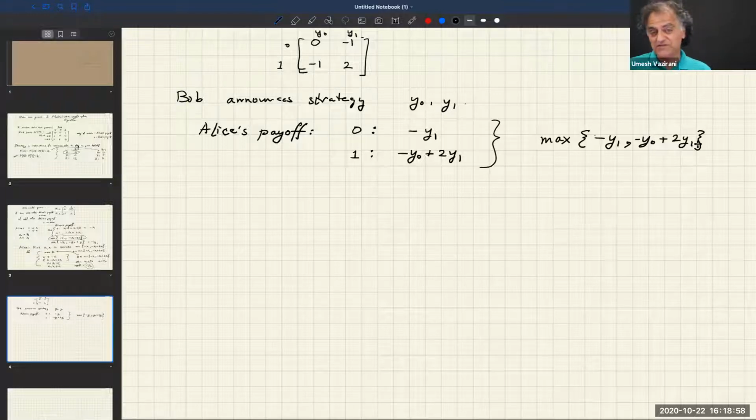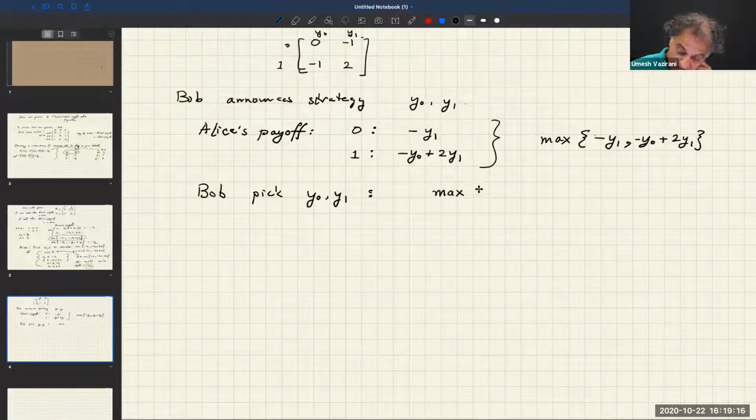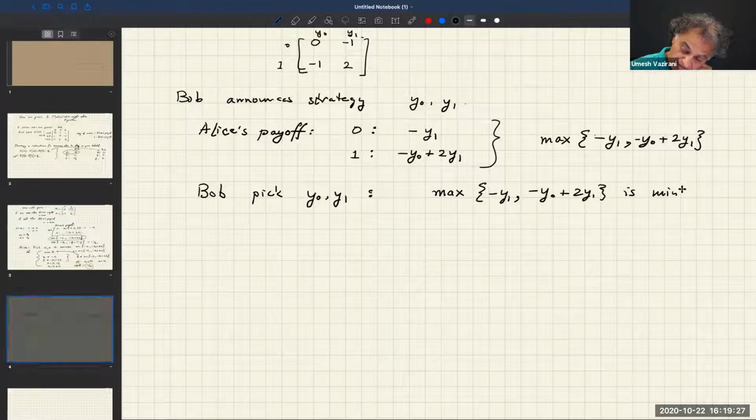And then Bob, of course, is trying to minimize her payoff. So what he should do is pick y0 and y1 such that the max of minus y1 and minus y0 plus 2y1 is minimized.